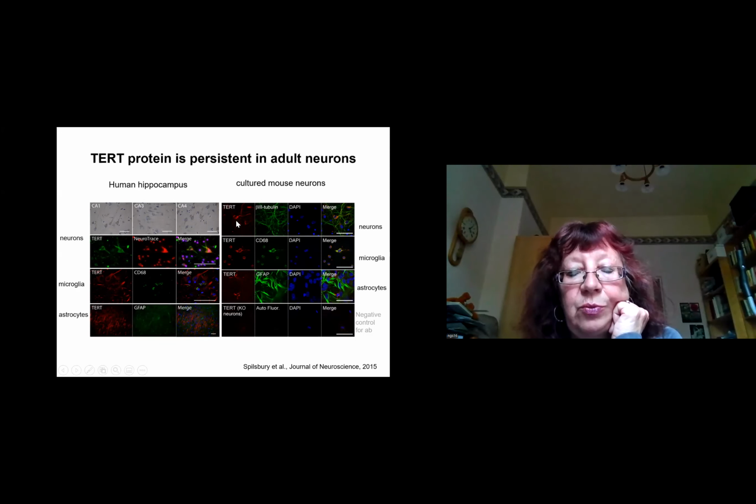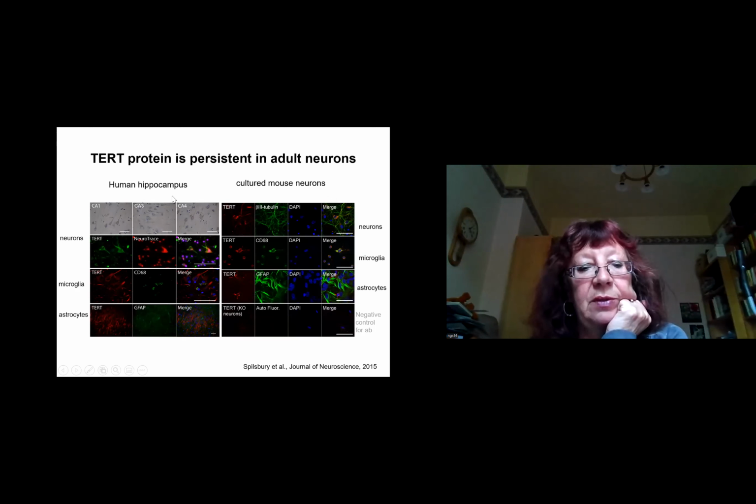Having now shown that there is indeed some TERT protein without telomerase in human brains, I have to admit that these are all very old samples, because the study was designed to analyze Alzheimer's disease patients, and we used hippocampi from controls, which are age matched, so they are at least 70 to 80 years old.